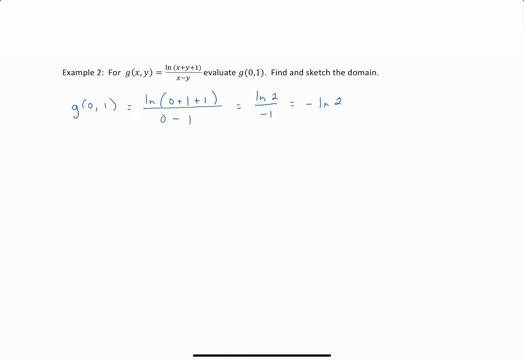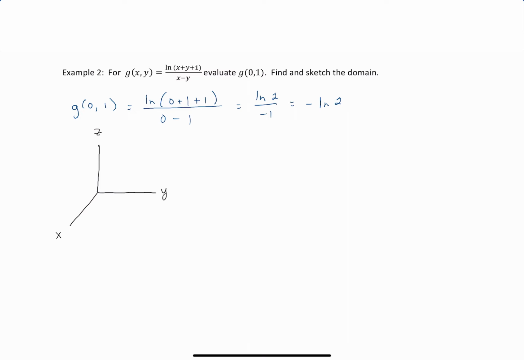So what does this tell us? It tells us that if we look at the point, oops, I've got my x and y backwards.